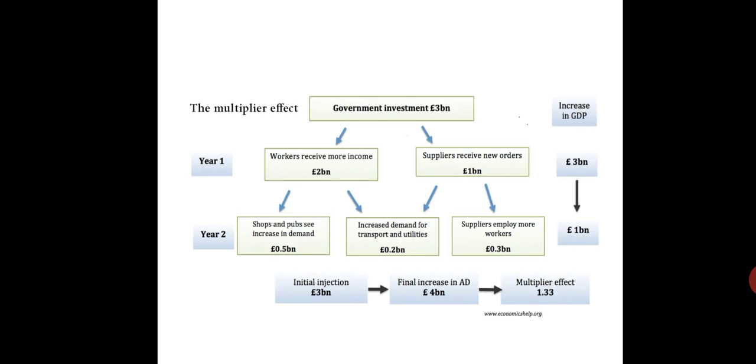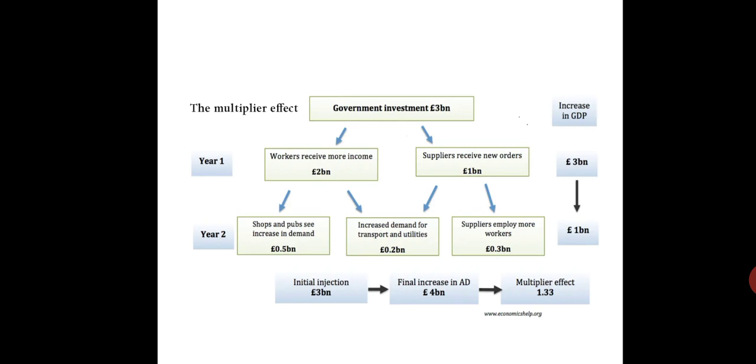Out of the 2 billion for the workers, 0.5 billion will be spent by workers on demand for certain goods and services. He may go to a shop, he may go to a pub or any other goods and services. His consumption is 0.5 billion. Another type of consumption by workers is an increase in demand for transport and other utilities.